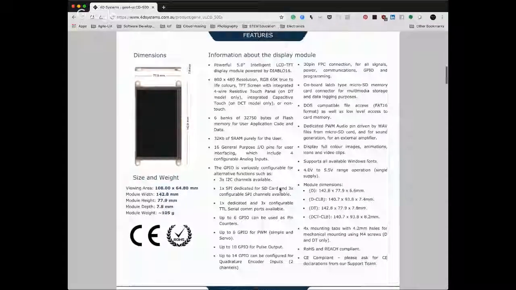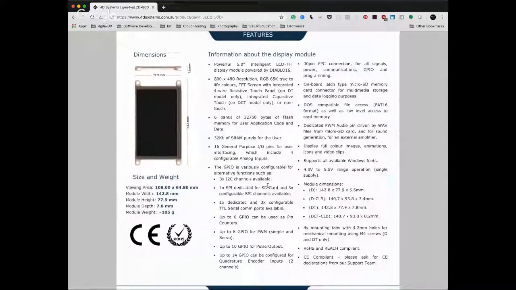Just like the data sheet, you might have seen this. There are I2C channels available, SPI for the SD card. There are 3 more configurable SPI channels.